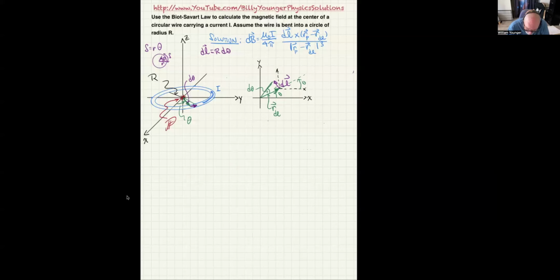That green line is a radial direction, and this purple vector is 90 degrees ahead of it, so it must be in the direction of increasing the angle theta. Since DL is 90 degrees ahead of the radial line, and the radial line is theta degrees ahead of x, DL is theta degrees ahead of the y-axis.